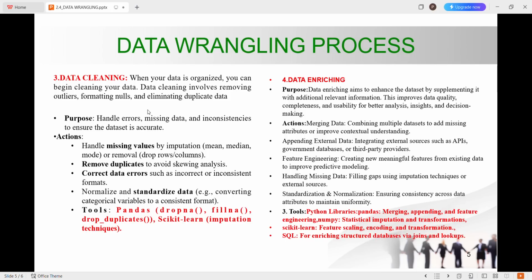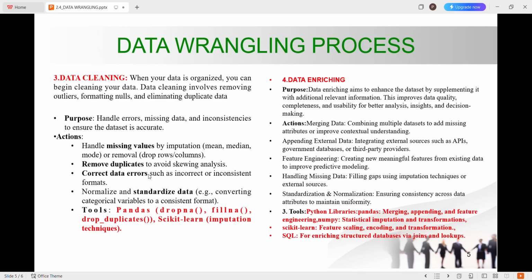Thus data cleaning aims at handling the errors, missing data, and any inconsistencies, which should be removed so that the dataset we are providing is accurate. You can handle the missing values by using statistical operations, or you can remove the rows or columns by using the drop na command, and also remove the duplicates to avoid skewing the analysis.